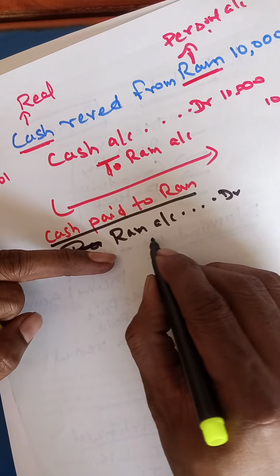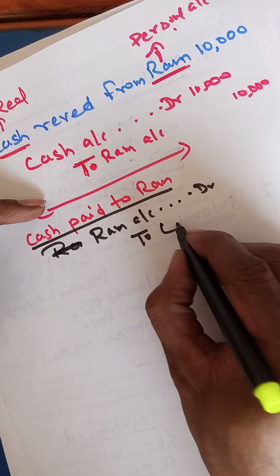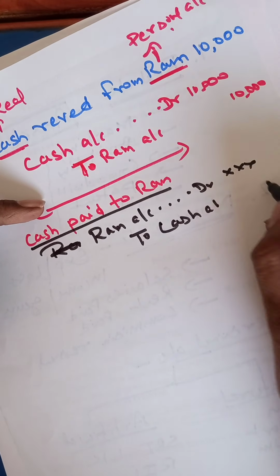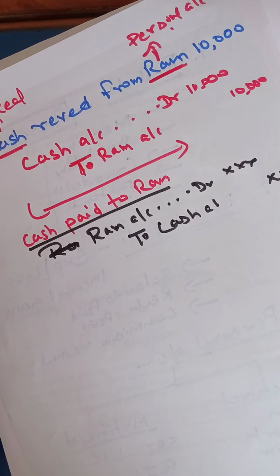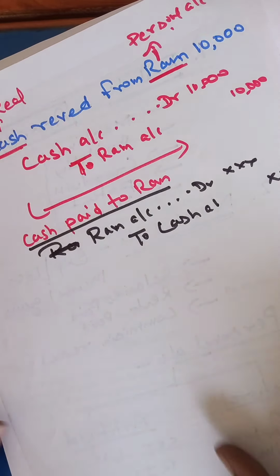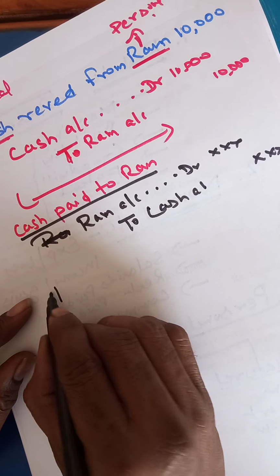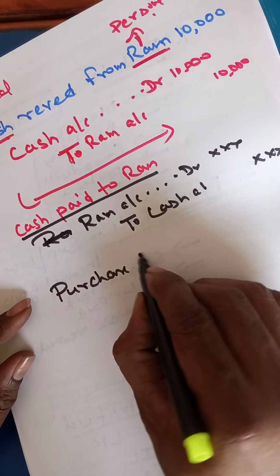We have to leave certain space. We have to begin with 'To' cash, as cash goes out. Then we write the amount. So this is how we write journal entries if it is a personal account. Now, if it's real account, I'll take another example: purchase machinery.